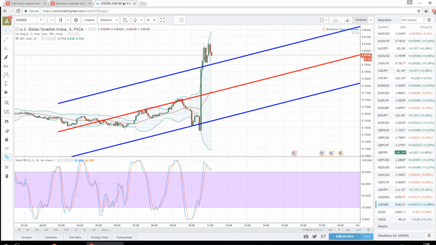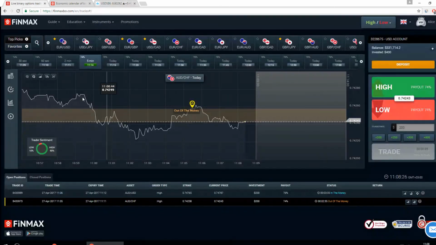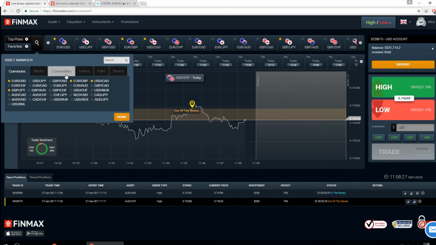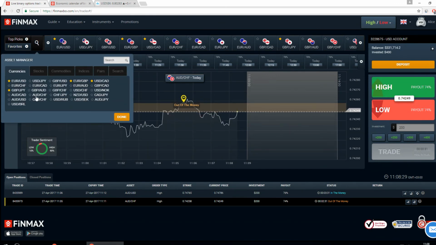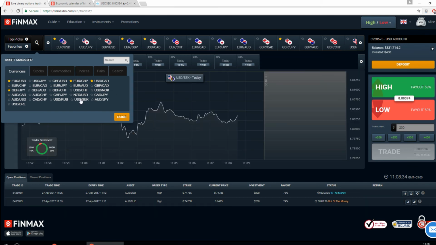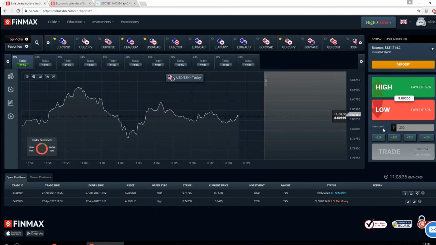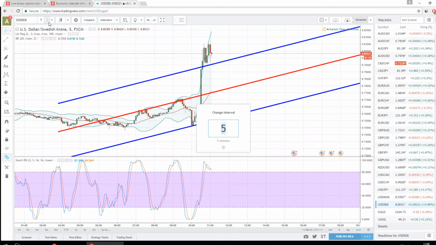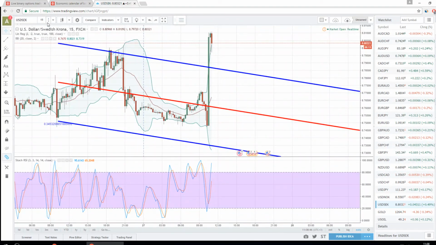We can try to open the trade for low for USD to Swedish krona. I don't see that the signal would be so strong. Let's enter for low for a bit more than 5 minutes. It will be like 7 minutes.